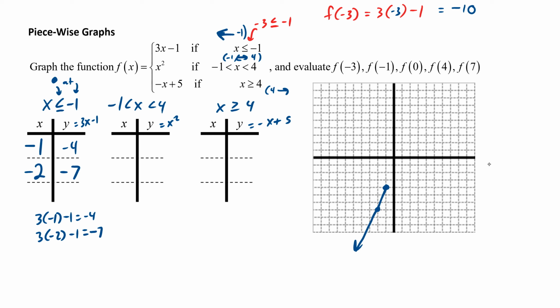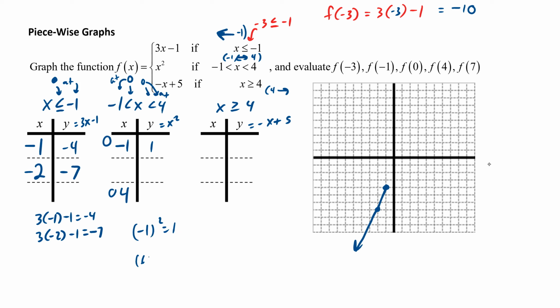Okay, the next one, we're going to go from negative 1 to 4 and graph a parabola. Now on these you want to mark them as open dots because we have these little symbols here. This means it's an open dot at negative 1, and this means it's an open dot at 4. So when we plug in negative 1, we get 1.